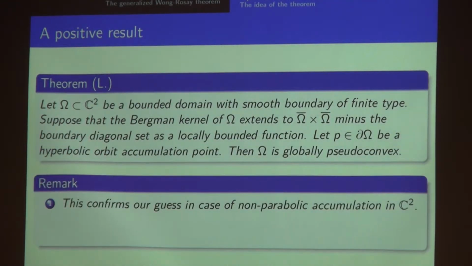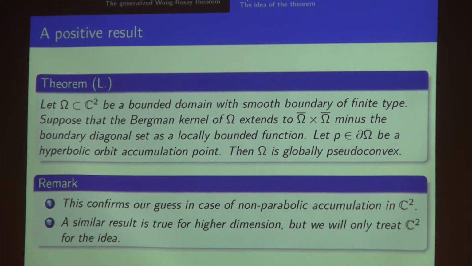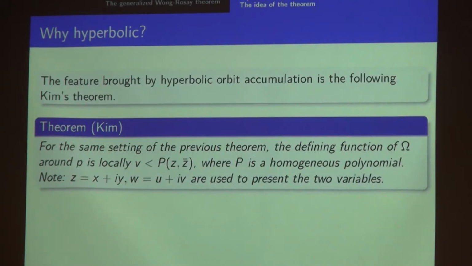So if you just need to find a subsequence of your Fj which is not parabolic, then you can repeat the theorem and get the global property of this domain. Okay, this result also holds for higher dimension, but we're just chasing the idea, so we're just going to treat it as in C2 today.